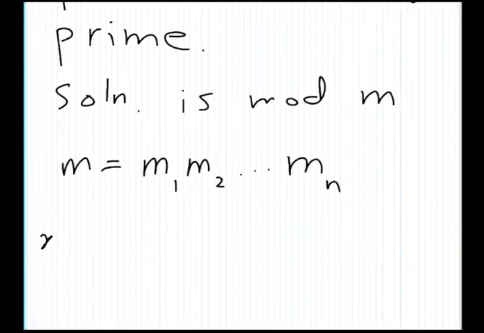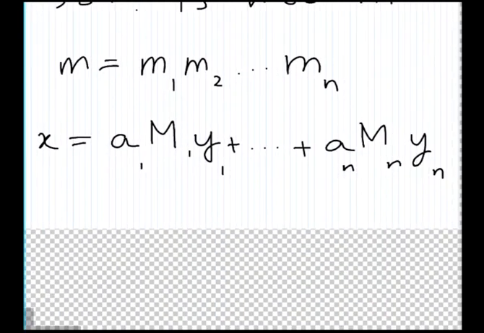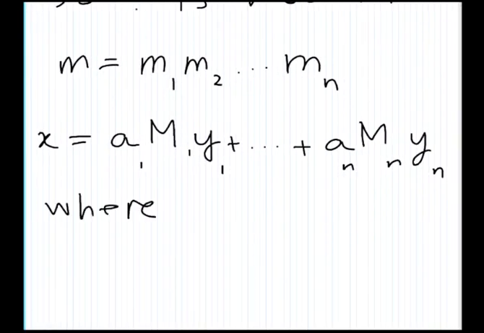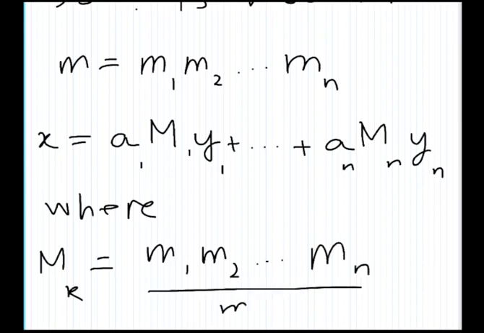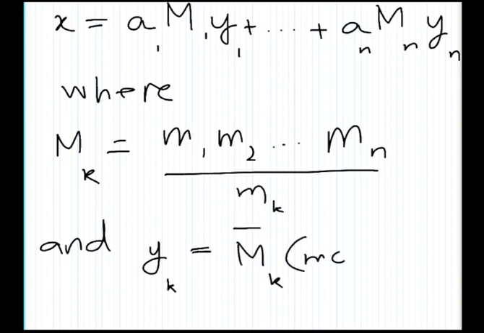So the solution looks like this: x is equal to a1 M1 y1, and so on up to an Mn yn, where Mk is equal to the product m divided by mk, and yk is the inverse of Mk modulo small mk.